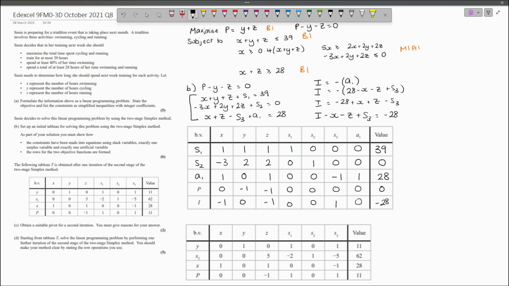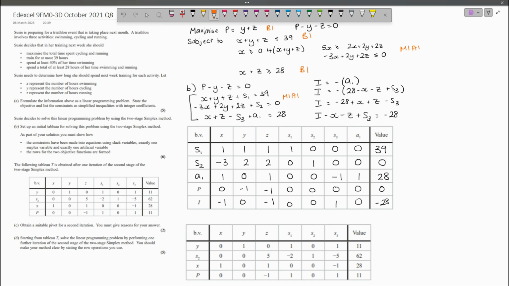So how are the marks awarded for this question? Well, for the two equations that use slack variables, rewriting those as equations would get an M1, A1.